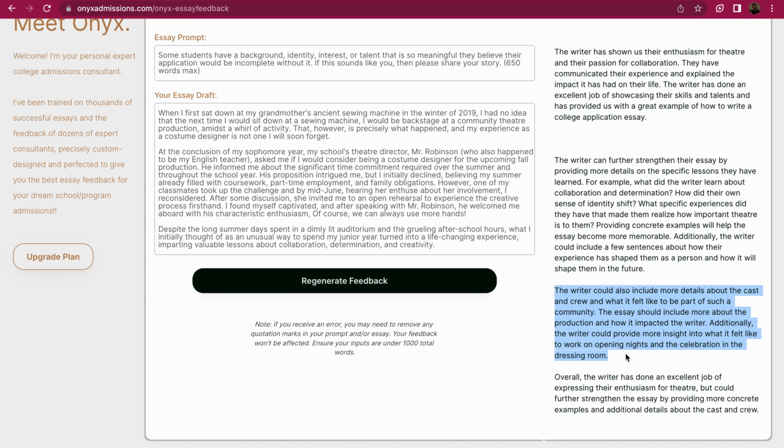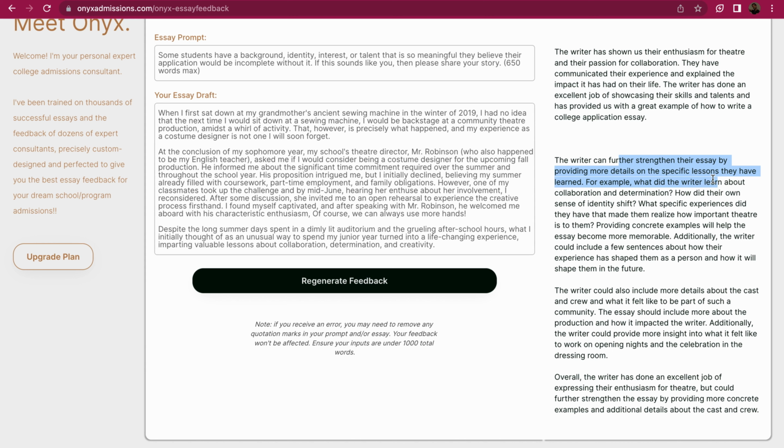Finally, what's really cool about this particular essay feedback that Onyx is giving is that it clearly shows what specific details, what areas to expand upon. So here it's saying when the author talked about what it felt like to be part of the community in the theater, right? It's actually identifying that as a place where you want to give more details. And this is exactly what it tells you.